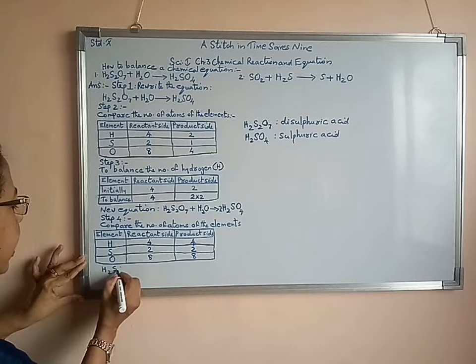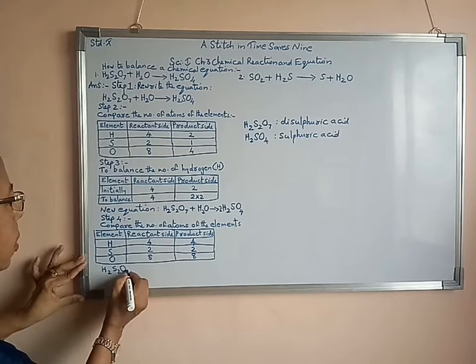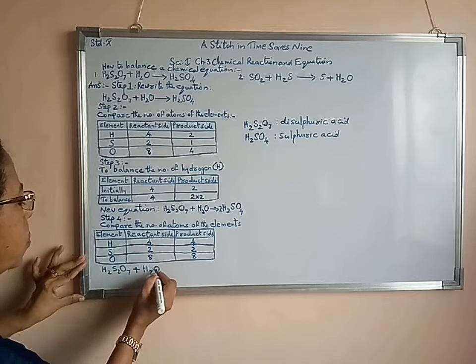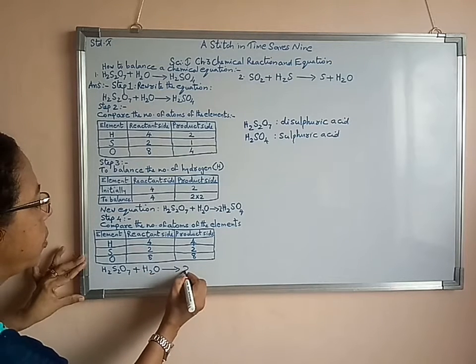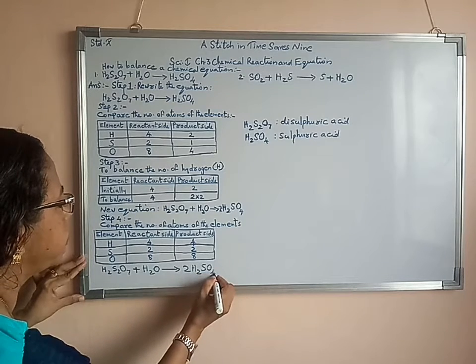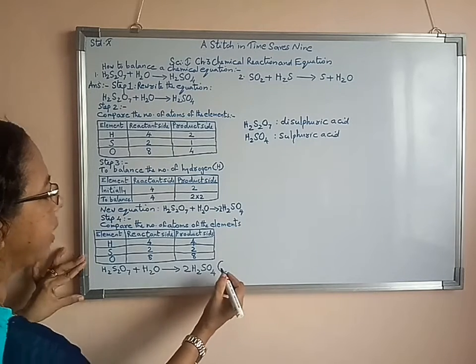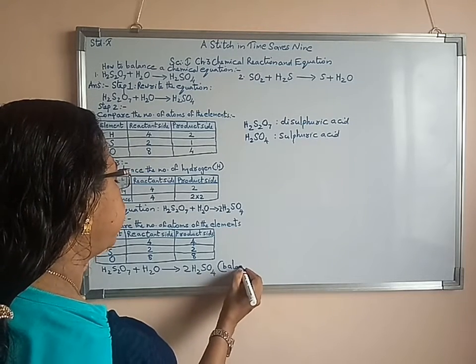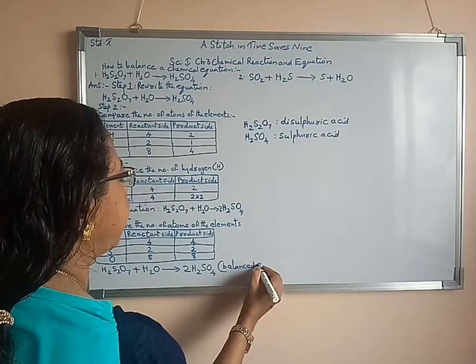H2S2O7 plus H2O gives rise to 2H2SO4. In bracket you can write balanced equation.